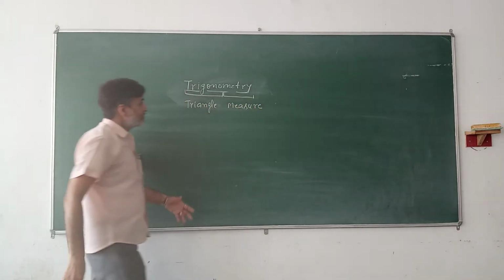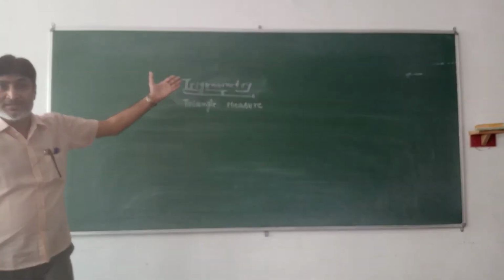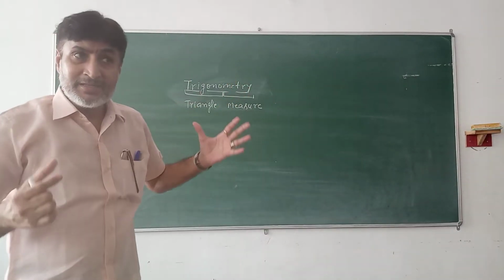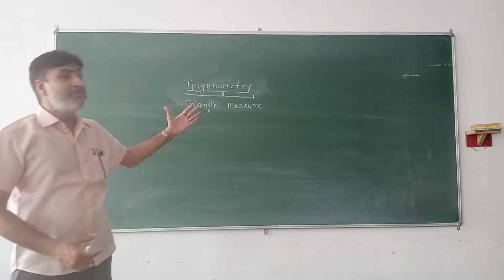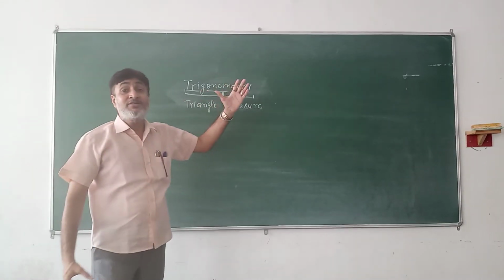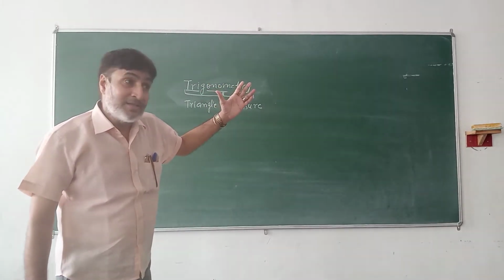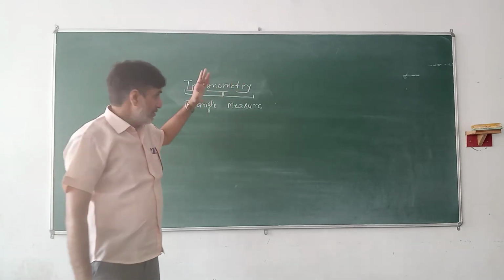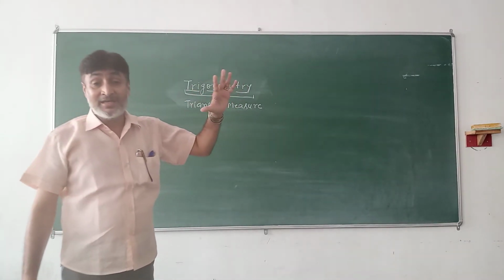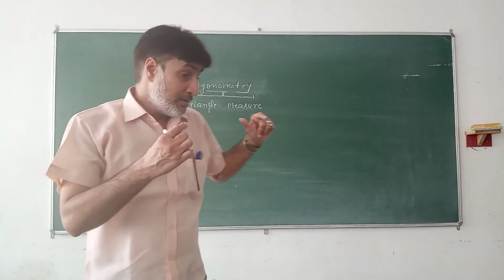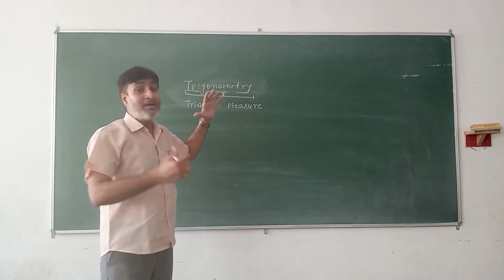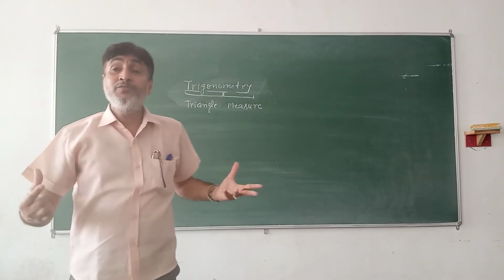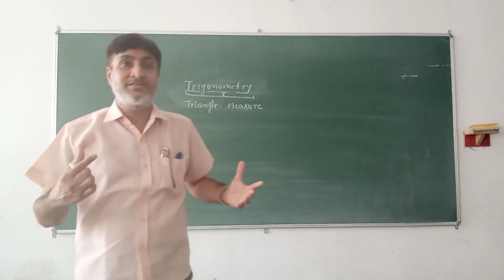It means in this branch of mathematics we study the relationship between the lengths of sides of a triangle and the angles of the triangle. Or in other words, with the help of known parts of a triangle, we learn in this chapter how we can find out unknown parts.